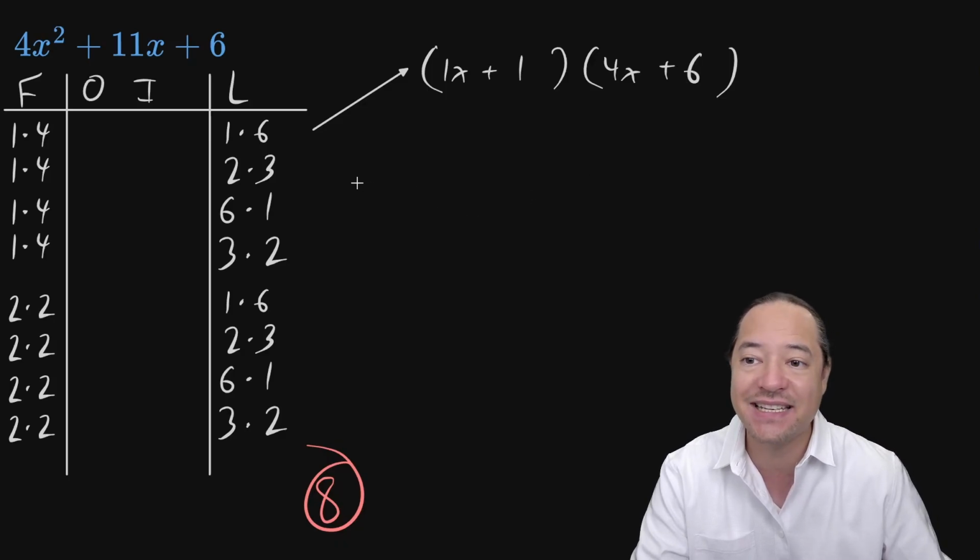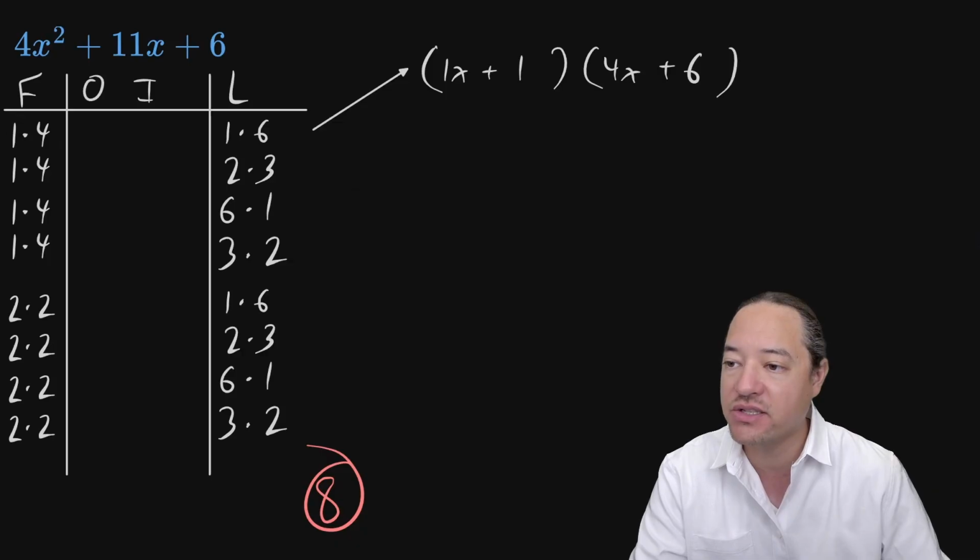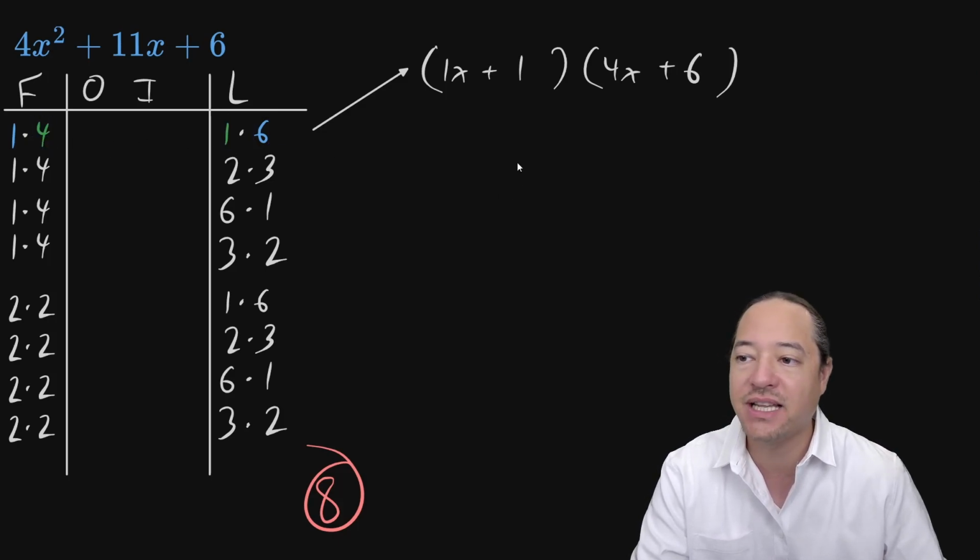Okay, so that's the idea here. Now, what do we get? So let me color code this. Let's color code this blue, and this is our outer term, blue, green, and green like that. So this is our outer term, this is our outer term, this is our inner term, and our inner term.